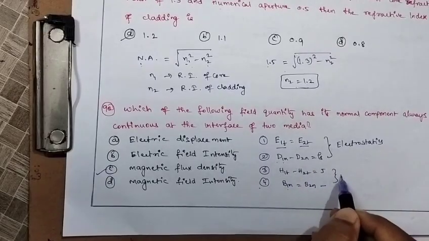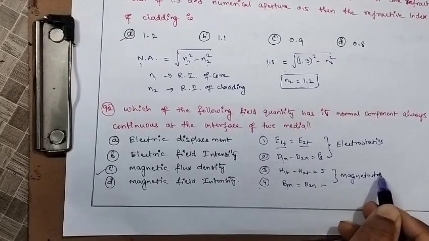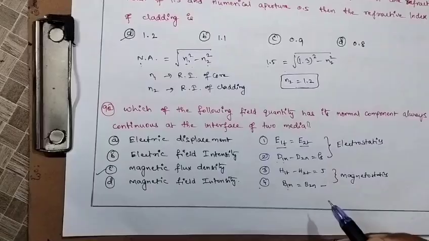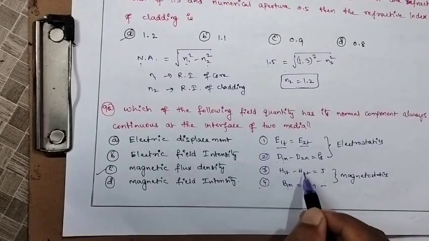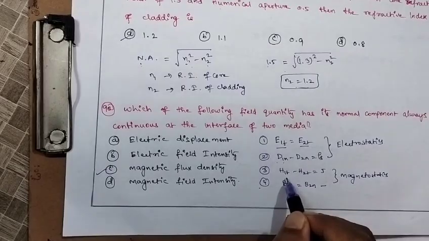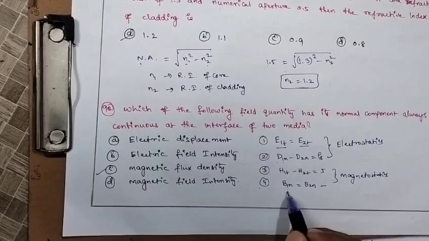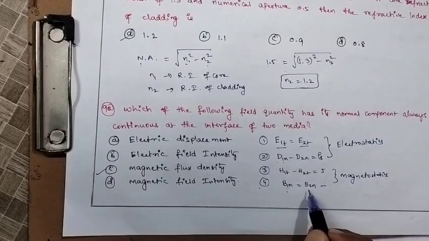Third is, this is magnetostatics. These two are the magnetostatics boundary conditions. H1t minus H2t is equal to J, which means the tangential component of magnetic field intensity is discontinuous at the interface. The second one is B1n equal to B2n.